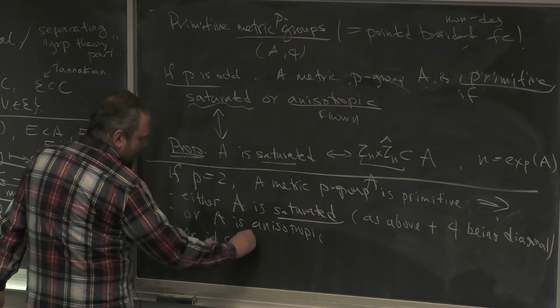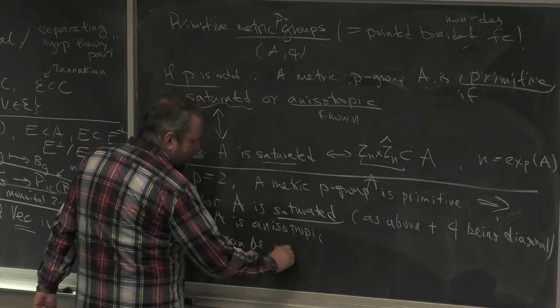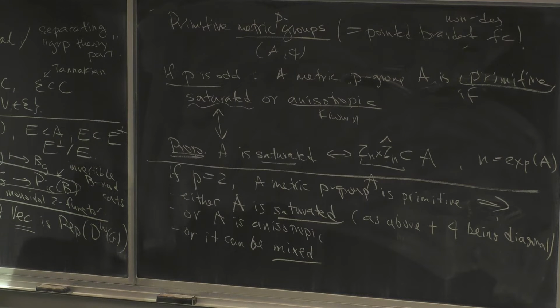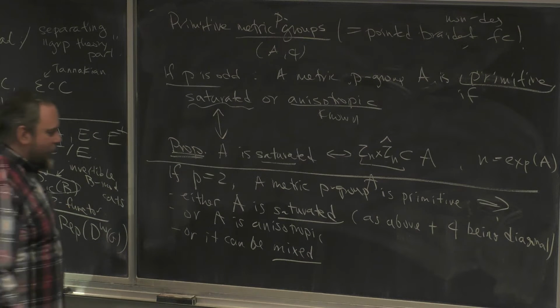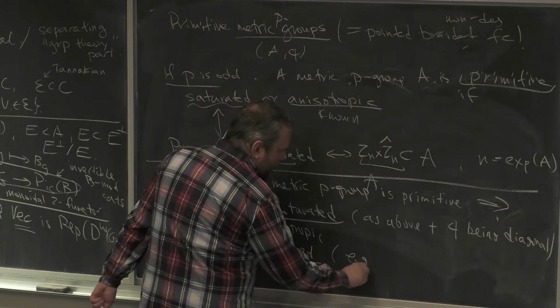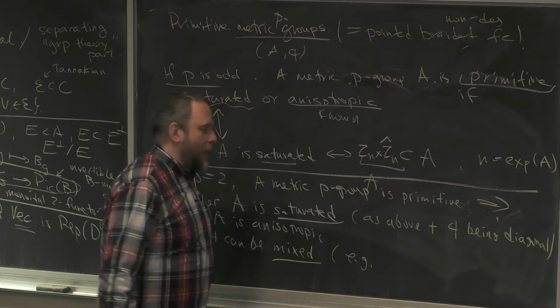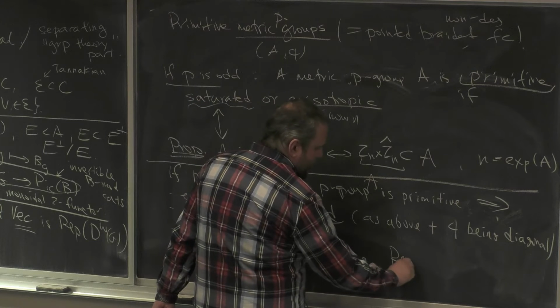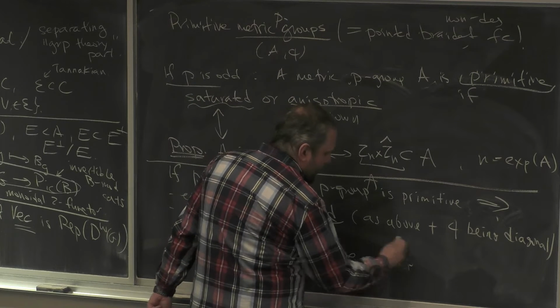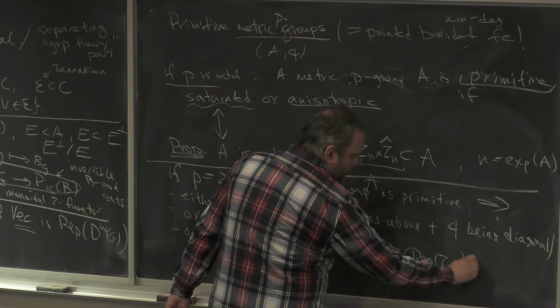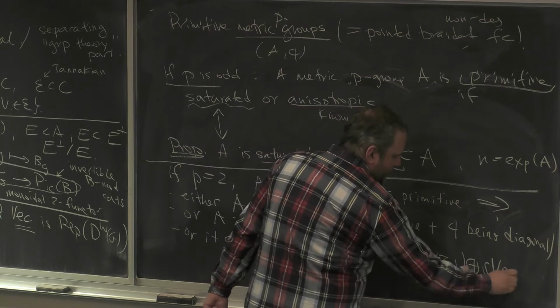Or it can be mixed. So it can have a saturated sum and an anisotropic sum. And to give you an example of this, consider, for instance, this category, the center of Rep Z2 plus SVEC.